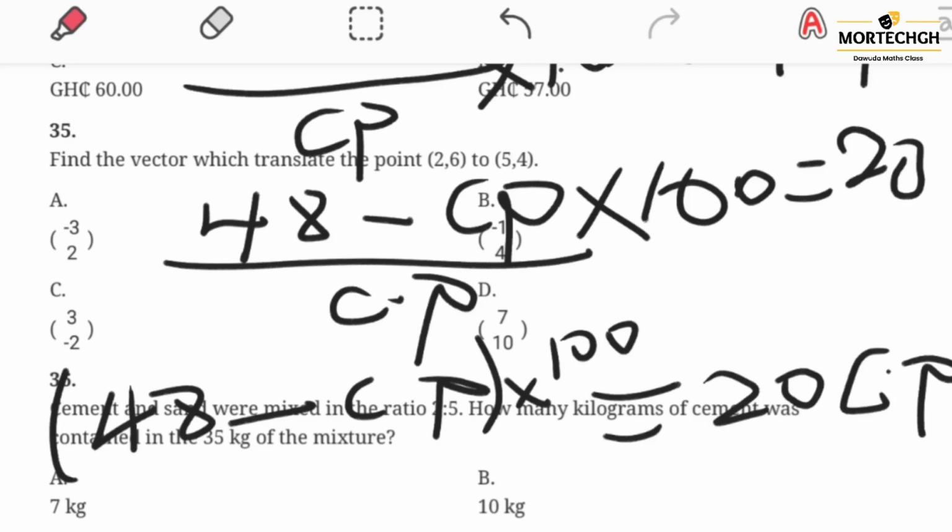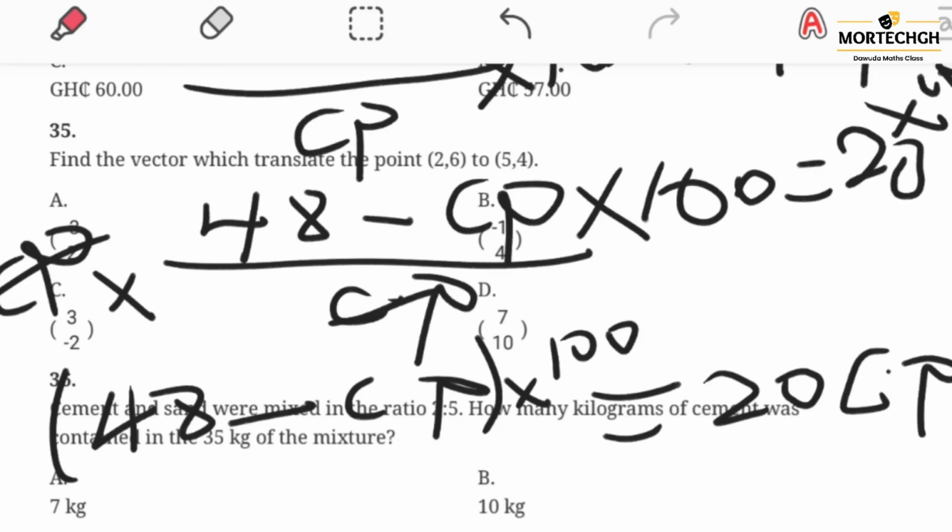If you multiply both sides by cost price, it will cancel the cost price, leaving 48 minus cost price times 100. This statement is equal to 20% of cost price.